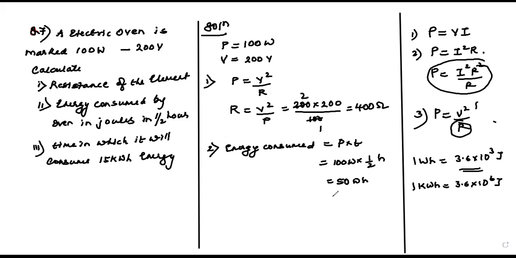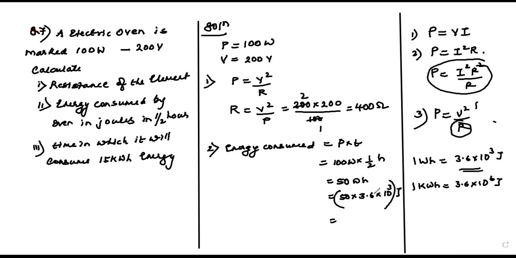But I want the energy consumed in joules. So 50 into 3.6 into 10 raised to 3, if I multiply, will give me joules. 50 can be written as 100 upon 2, so this becomes 100 into 3.6 upon 2, that is 360 upon 2.